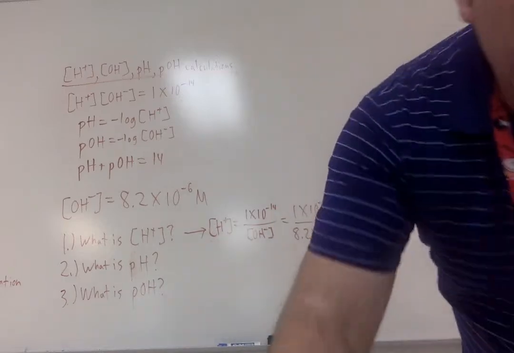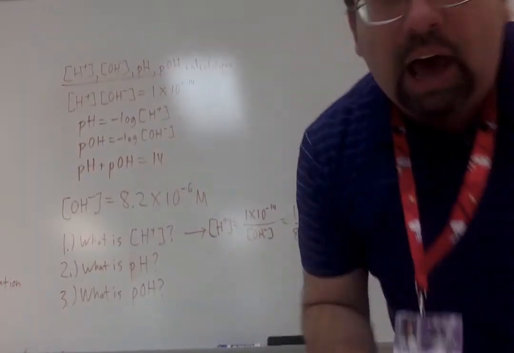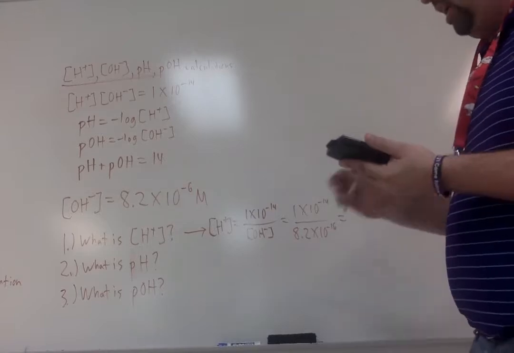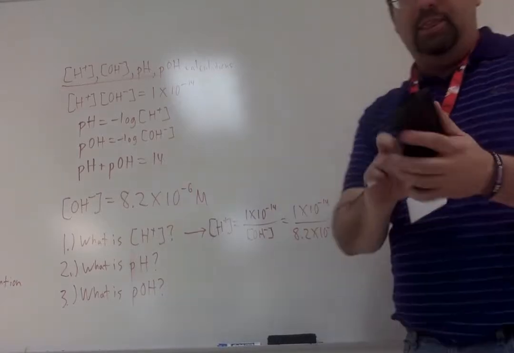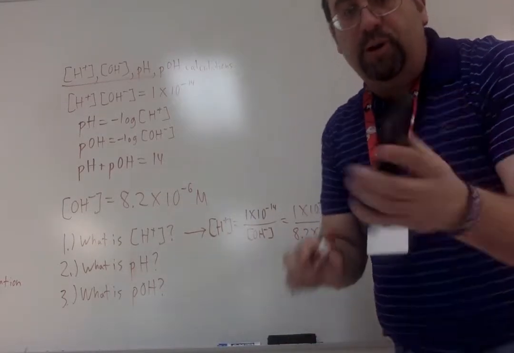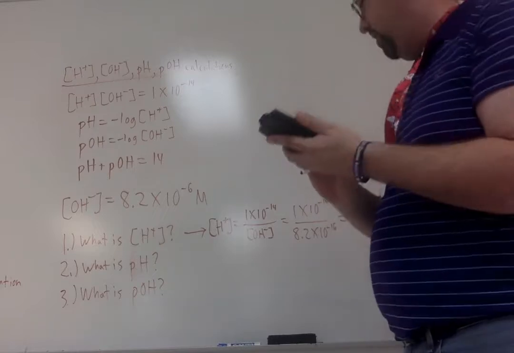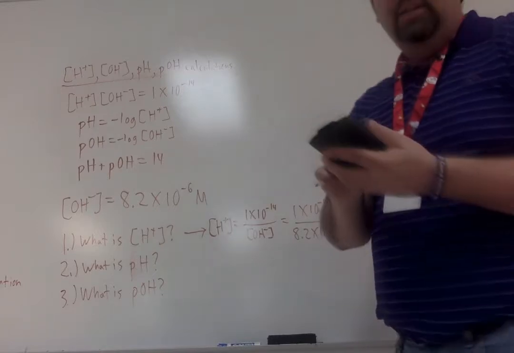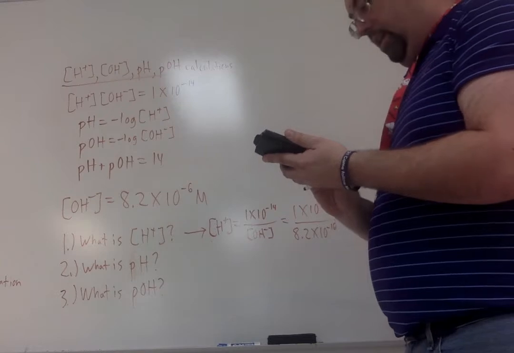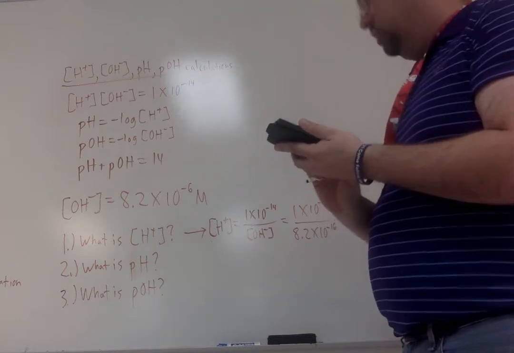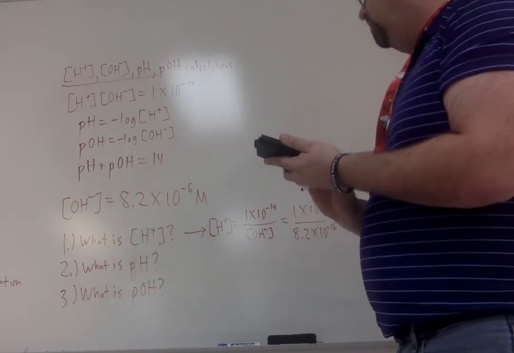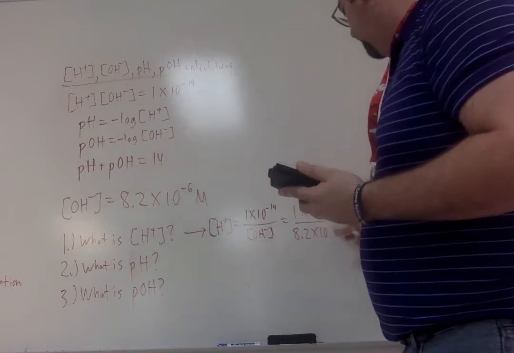And then we need to go ahead and solve this using our calculator. We take our 1, we hit the double E button for the exponent, negative 14, divided by 8.2, double E button, negative 6. I apologize.